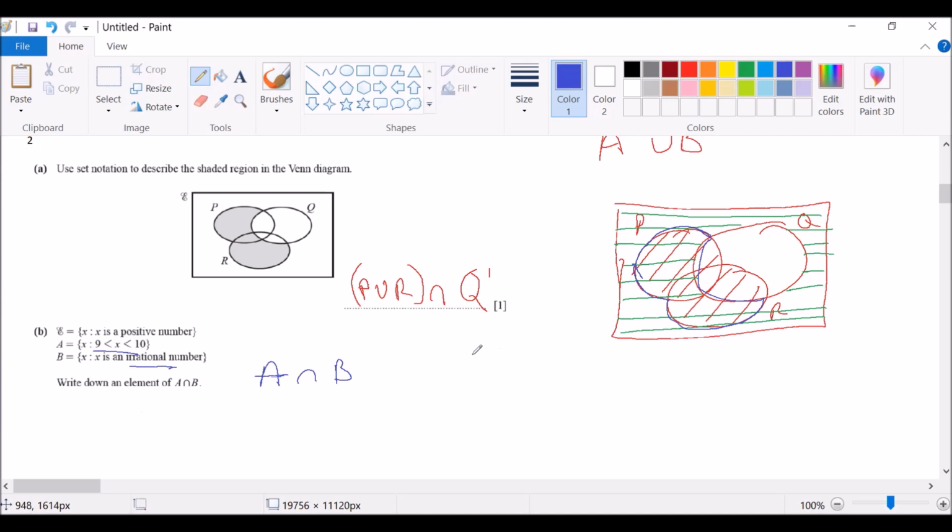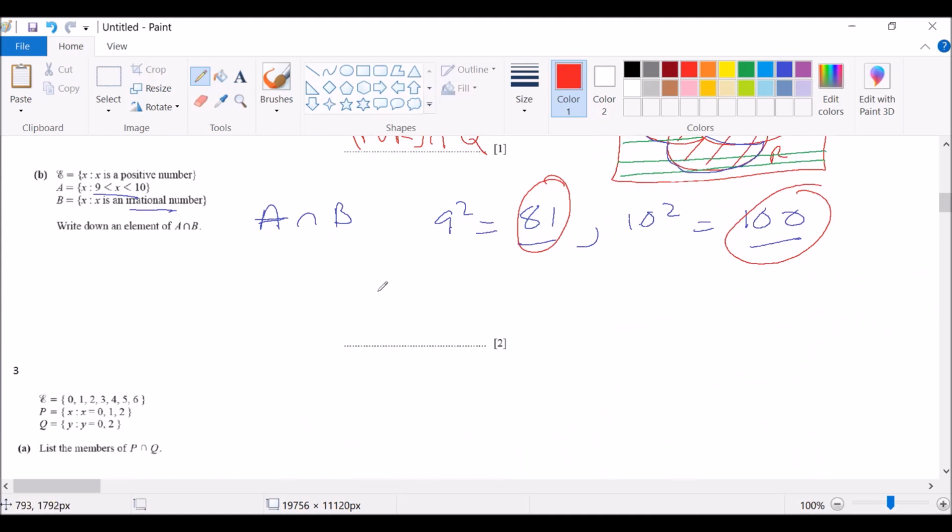In the very first video that we did on numbers, we learned how to get irrational numbers between two integers. What do we say? 9 squared is equal to 81, and 10 squared is equal to 100. Now, between perfect squares, any square root will give you an irrational number.